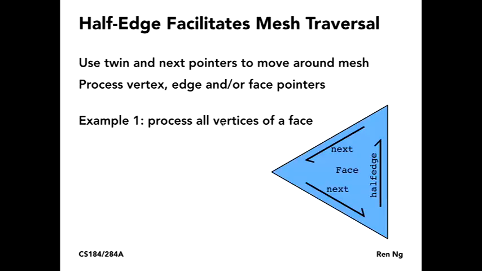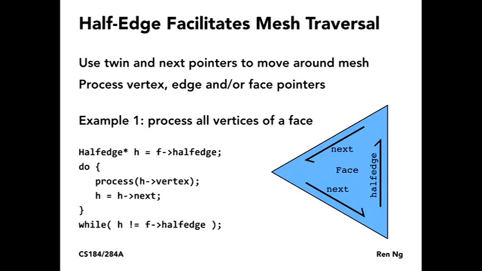So let's do an example. Let's process all of the vertexes of this one face here. I already described conceptually how it works. I give you an input half edge. I give you a face. Let's initialize a half edge H by taking the half edge that's pointed to by that face. And we'll just do repetitively. We'll process the current half edge's vertex.